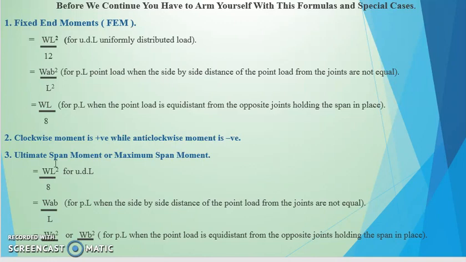Then the third is the ultimate span moment, or maximum span moment, which is equal to WL squared over 8 for a UDL, WAB over L for a point load when the side-by-side distances of the point load from the joints are not equal, and WA squared over L or WB squared over L for a point load when the point load is equidistant from the opposite joints holding the span in place.